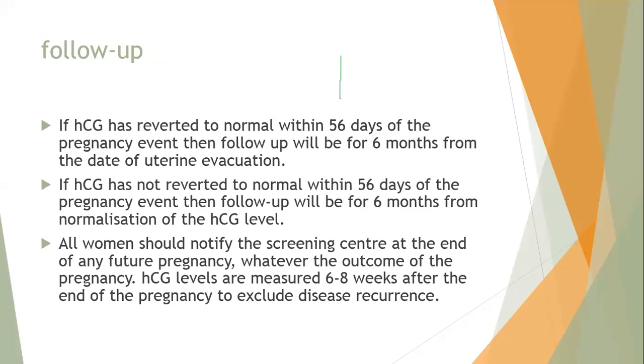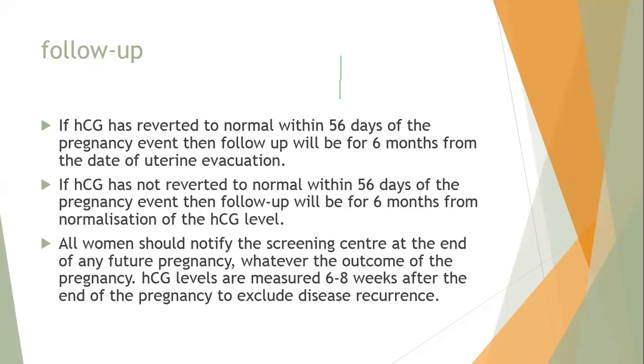Follow up. Okay, 56 is the number to remember. This is 56 days. If the beta HCG has reverted to normal within 56 days of pregnancy, follow-up will be up to 6 months from the date of uterine evacuation.